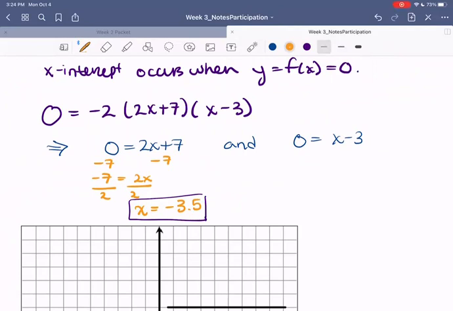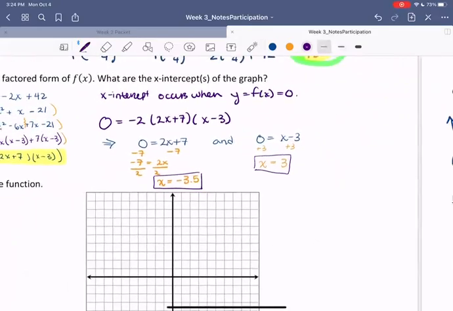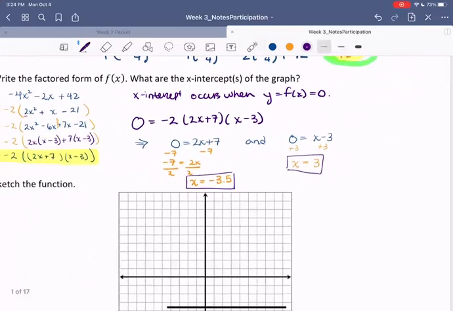So here, x minus 3 equals 0, so I can add 3 to both sides. And we're home free. We get x equals +3. So then my two x-intercepts are -3.5, 0 and 3, 0.